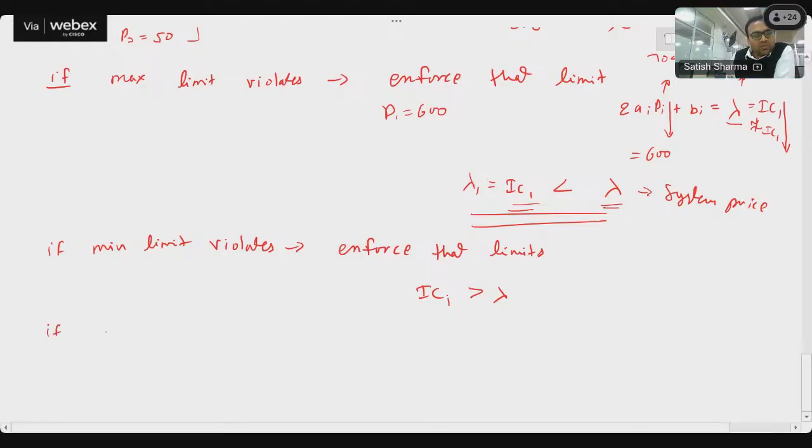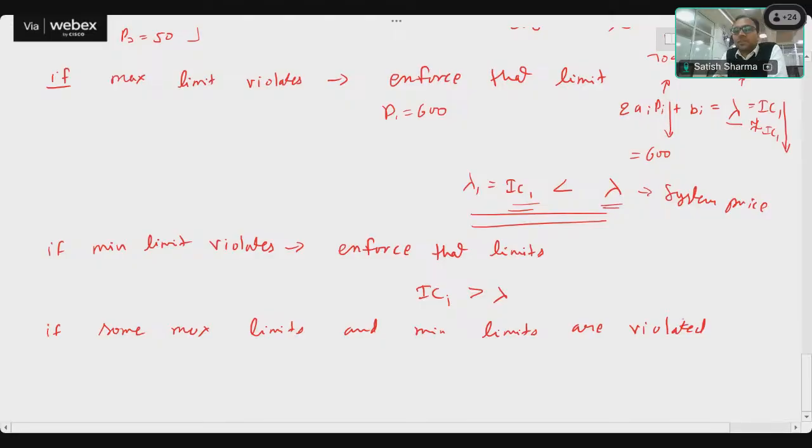But if some generators' maximum limits and minimum limits are violated, let's say both the limits are being violated, what will happen in that case?